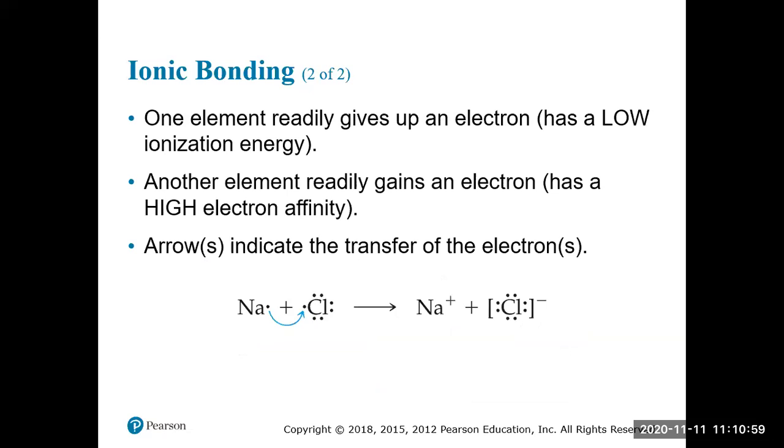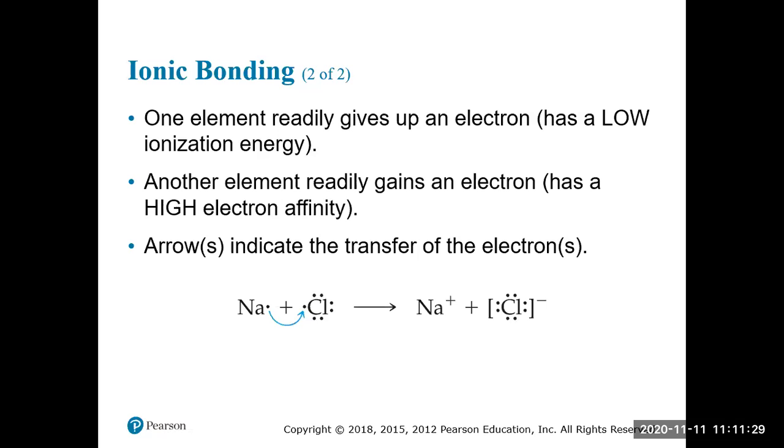So if we think back to last chapter, we talked about ionization energies and electron affinities. To show how that terminology fits into this ionic bonding, the element that gives up the electron, the metal, has a low ionization energy. Since it's a low ionization energy, it's easy for it to lose an electron.